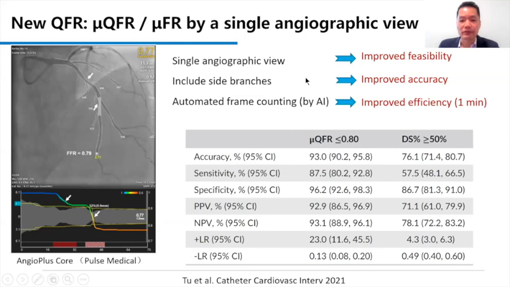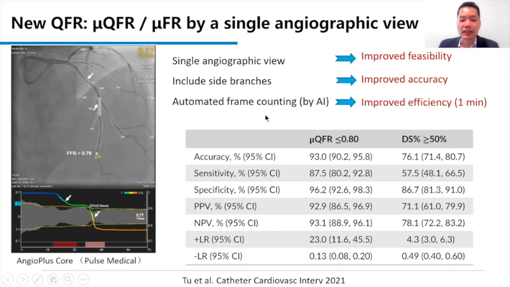This improves feasibility because in some patients, it might be difficult to obtain a second good angiogram. And we have all the side branches reconstructed in order to assess the QFR at the side branch. So this will be easier for the bifurcation analysis and also improve the accuracy in the main vessel.